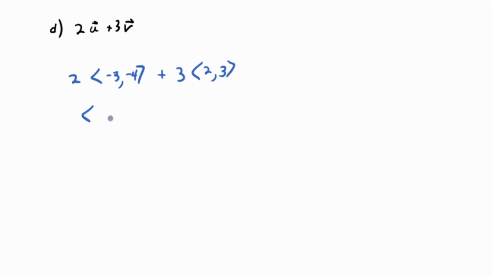What vector is that? -6, -8, plus, what's this vector? 6, 9. Now you add component-wise, add corresponding components. What do you get? 0, 1. Any questions?